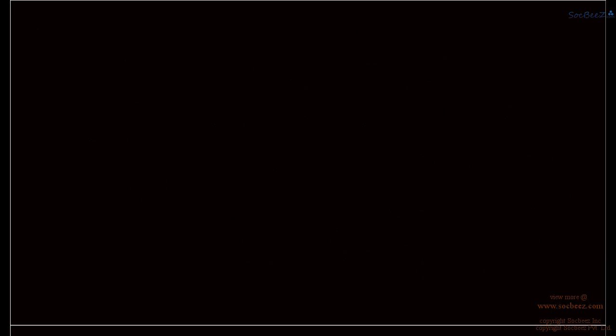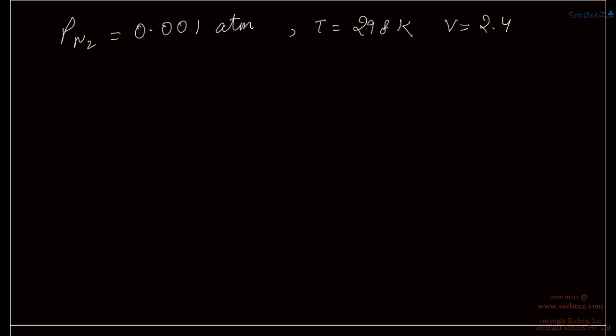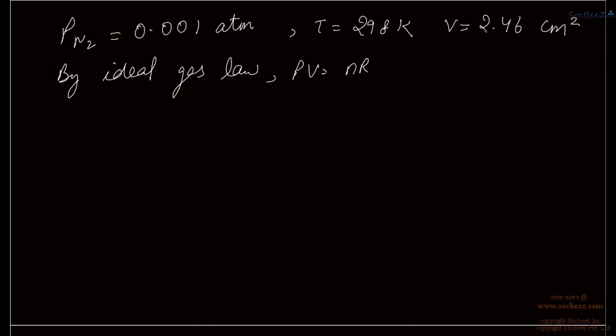Okay. Now the values that are given: pressure of N2 equals 0.001 atm, temperature equals 298 Kelvin and volume is 2.46 centimeter cubed. Now by the ideal gas law, PV equals nRT. So from here the value of n equals PV upon RT.